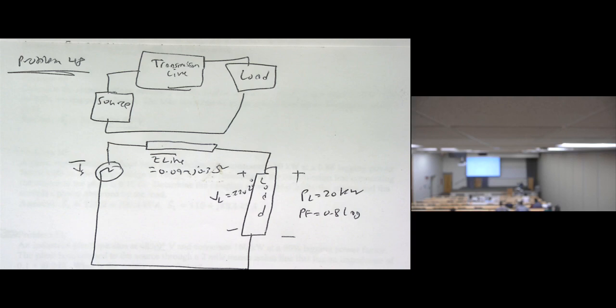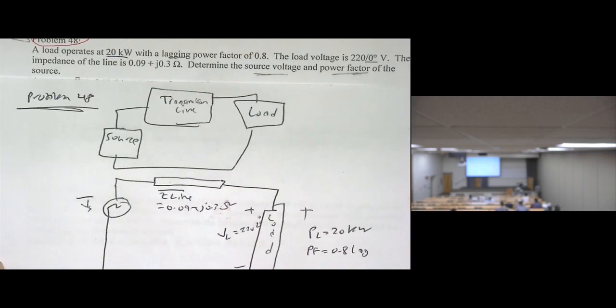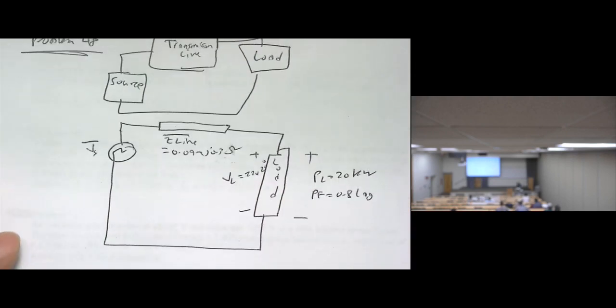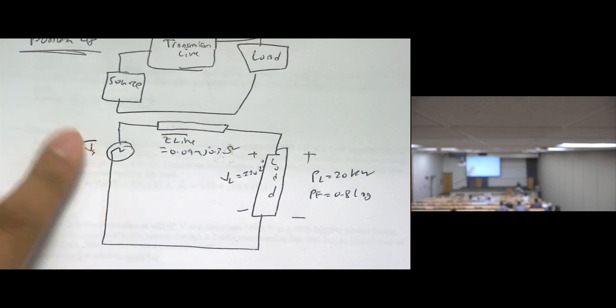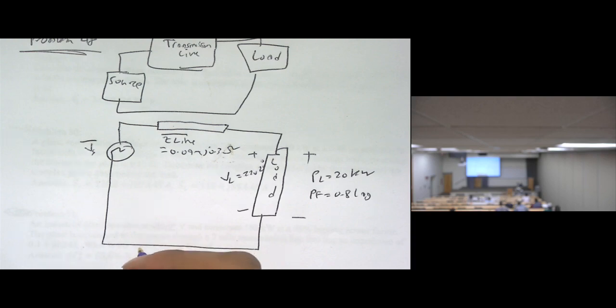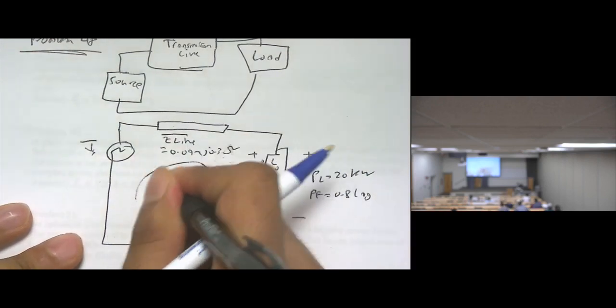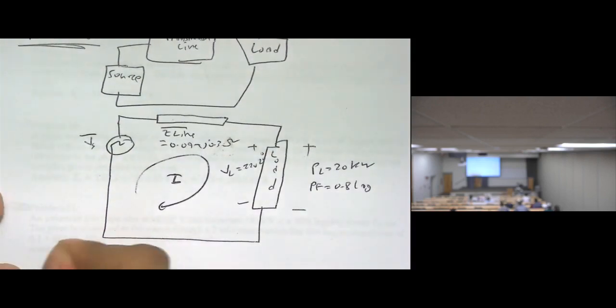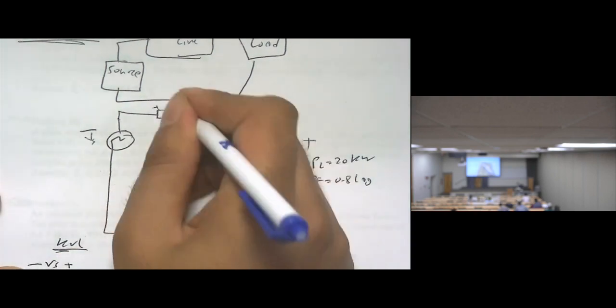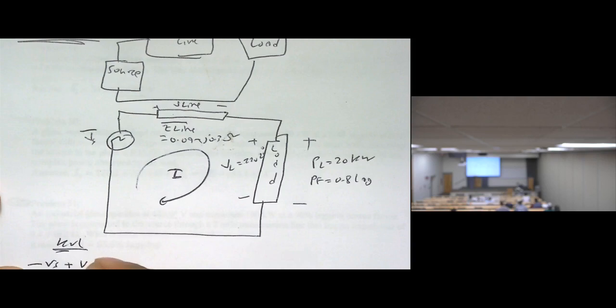So just try to convert the written words to equivalent circuit analysis. This is very important. How can I know V source? Someone can say, I can use KVL. KVL: negative V source plus V line plus V load equal to 0, right?